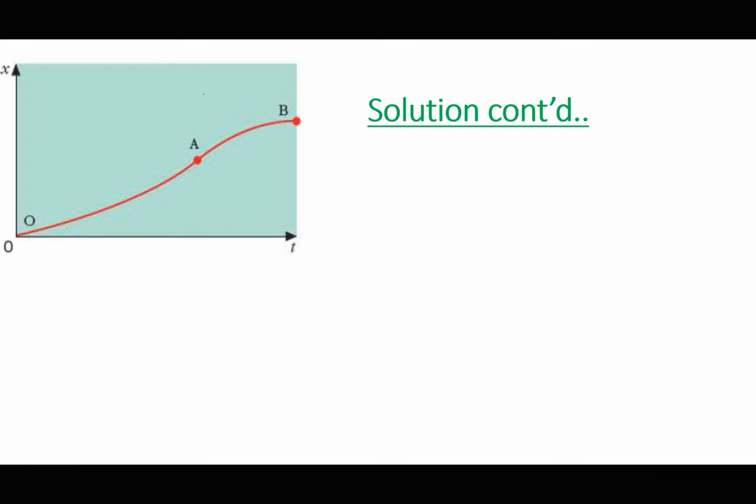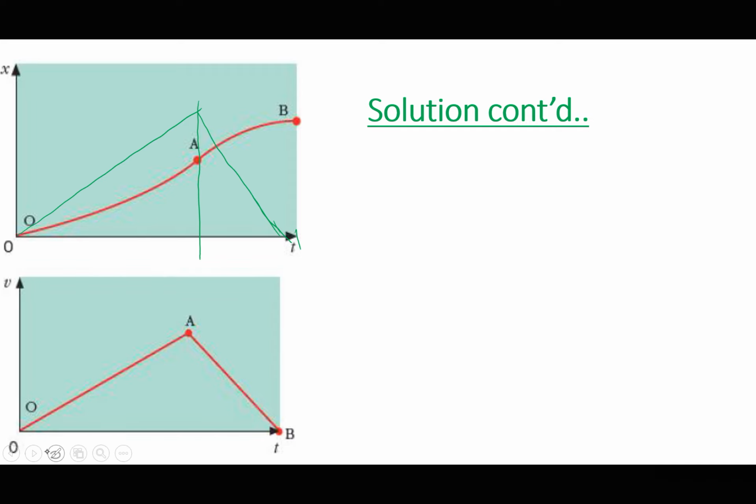For the first part, we have increasing velocities. Because it's a smooth curve, we are going to have a straight line for velocity. Then for the remaining part of time, we have a smooth curve which is curving toward the horizontal, which means the gradient is decreasing. So we shall have a graph which goes to 0.